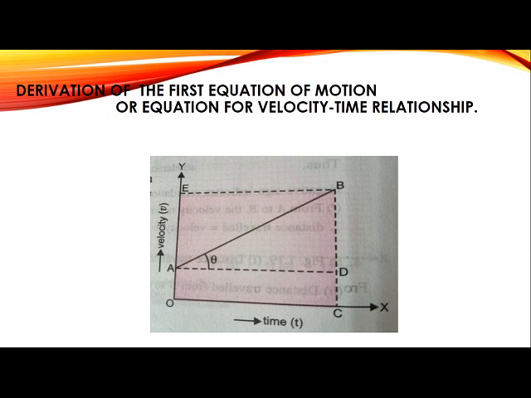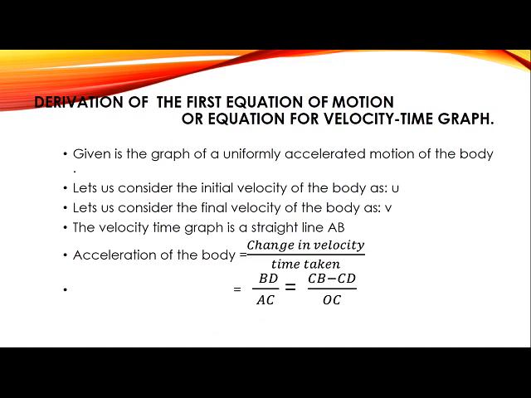Final velocity minus initial velocity. That is v minus u in a given time t. So children, let's move ahead. Okay. This graph which I have shown you was of a uniform accelerated motion of a body. Let us consider the initial velocity as u and the final velocity as v.